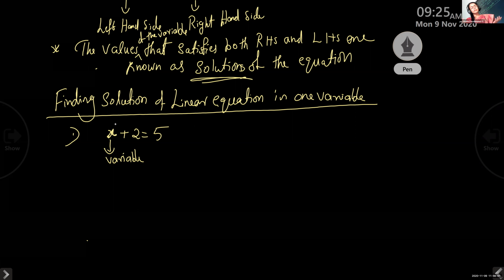We will keep the variable on one side and take all other constants to the other side. If the variable is on the left side, we will take constants to the right side. If the variable is on the right side, we will take the constants to the left side. Taking to the left side or right side is known as transposing. Instead of taking, in maths we say transpose.